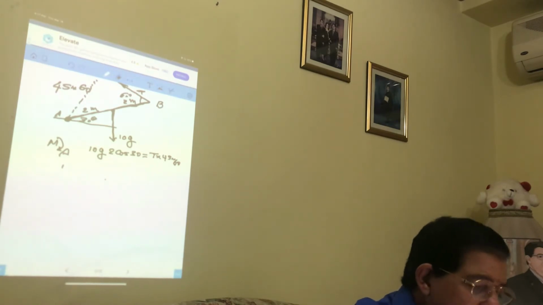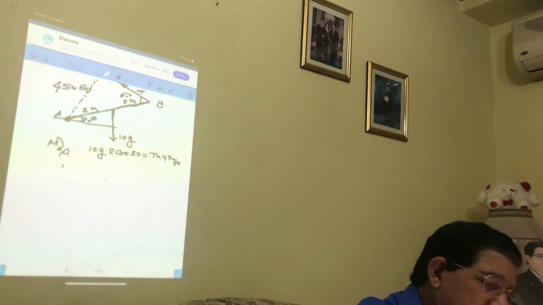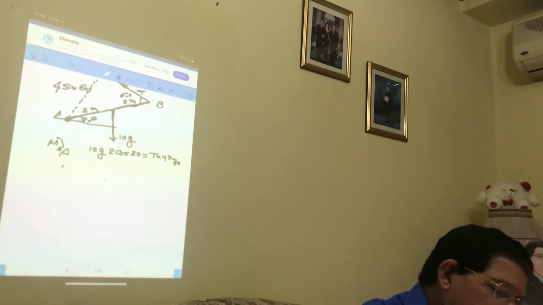This distance is 2 cosine 30, and this tension is T times 4 sine 60.